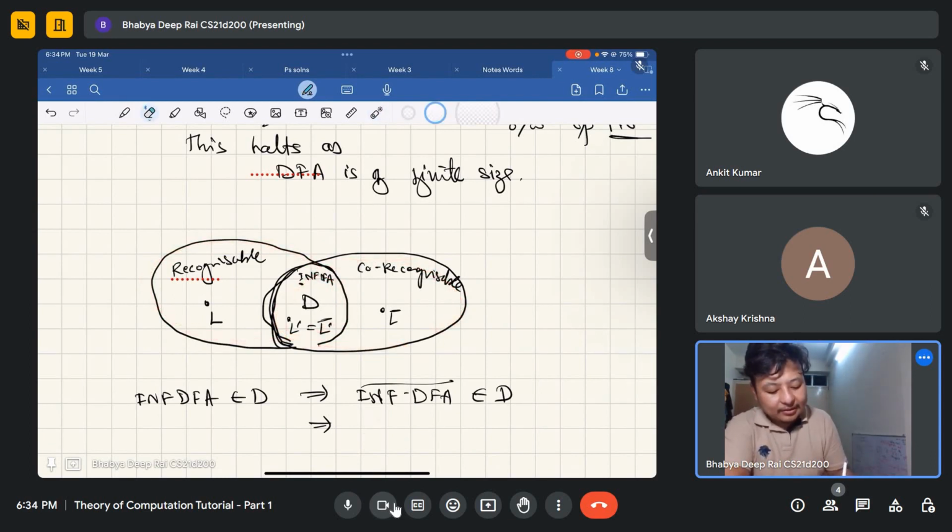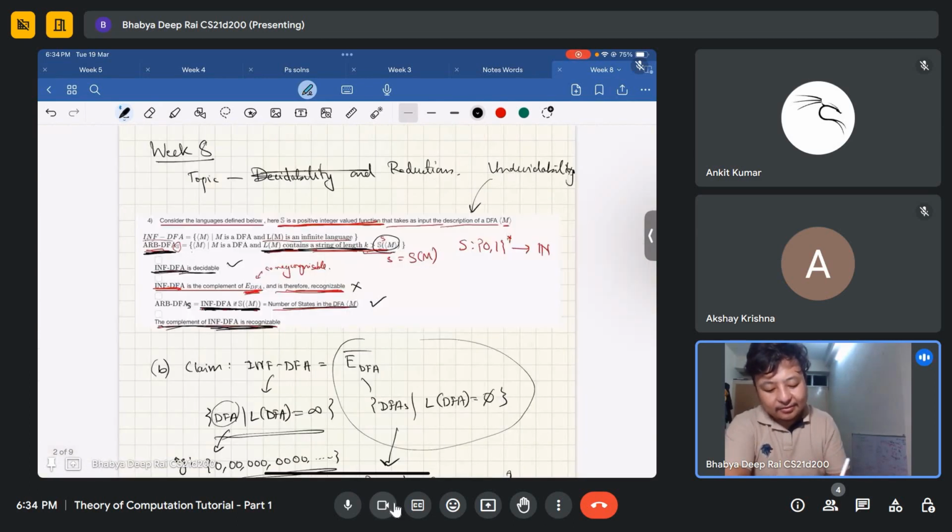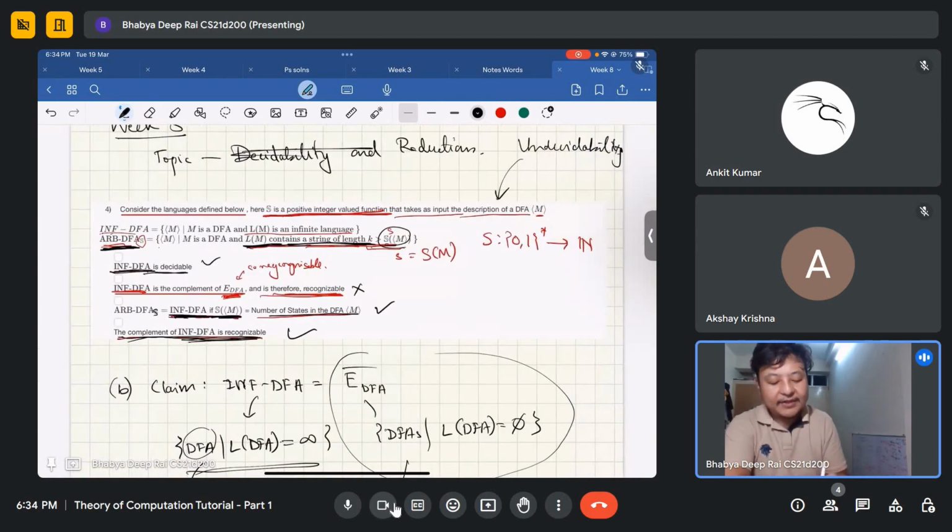So it means the complement of inf DFA is Turing recognizable. So this part is also true.